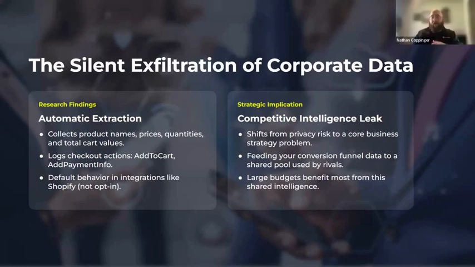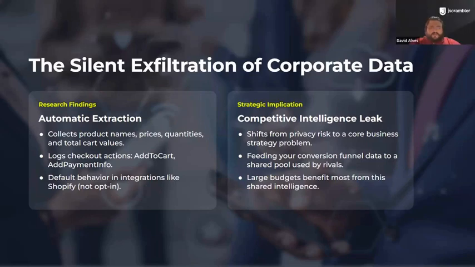Gotcha. And David, do you think most businesses realize that this is happening, or is it happening without their knowledge? Based on what we observed, it's very unlikely that most businesses fully understand the extent of this collection. These implementations often involve multiple moving parts, from third-party integrations to tag management, some platform defaults, and of course, websites can change from time to time.